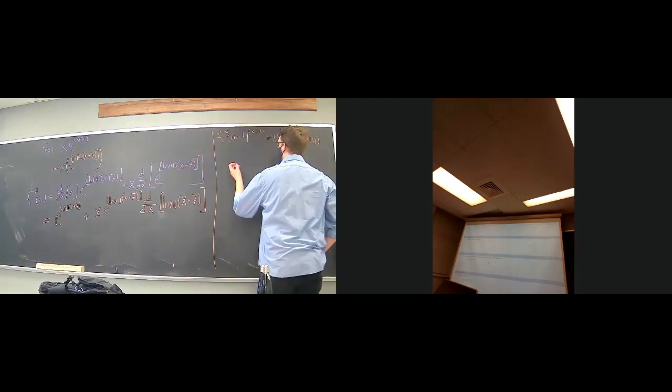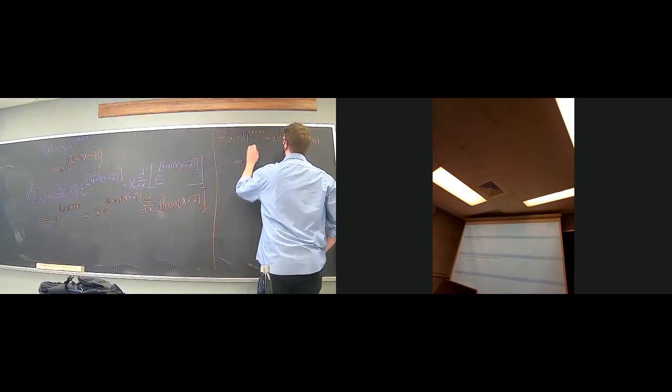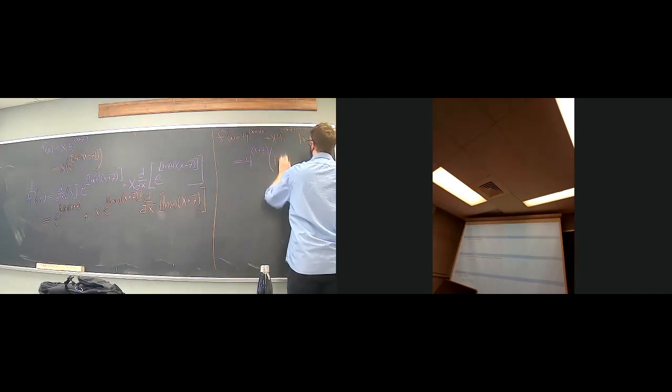Well, hey, we've got a 4 raised to the x plus 7 that we can factor out, so let's go ahead and do that. When we do, this simplifies to 4 raised to the x plus 7 times 1 plus the ln of 4 times x.